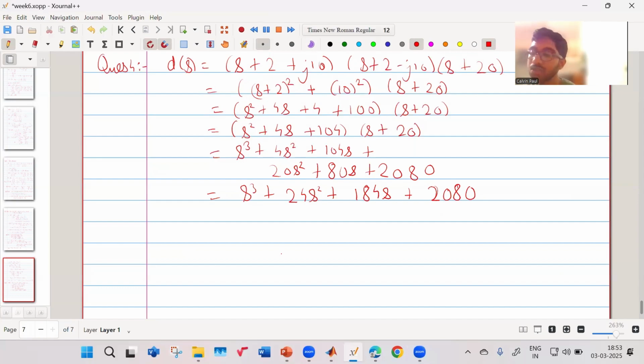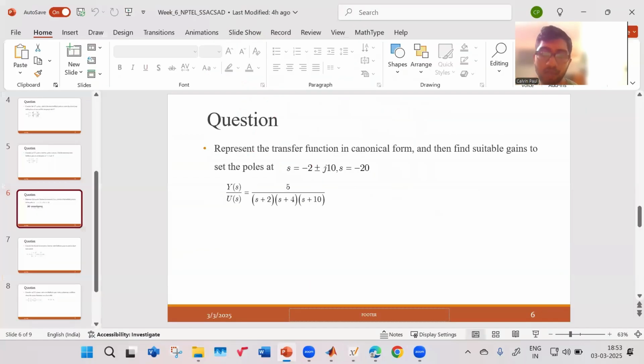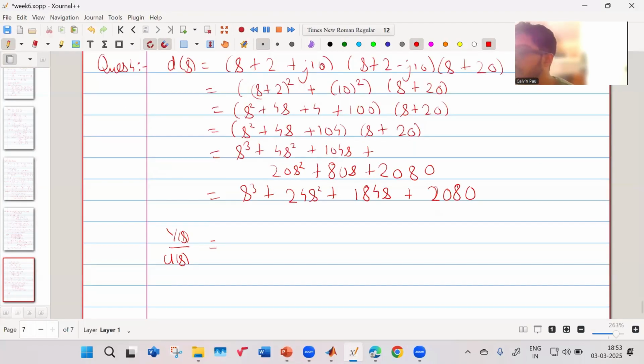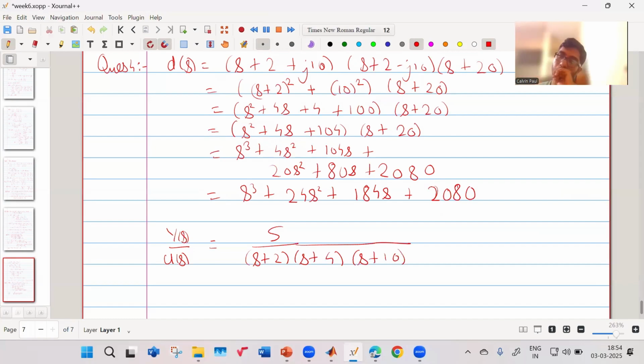Okay, so now let us go to the transfer function we were given. We have y of s upon u of s is equal to 5 upon s plus 2 into s plus 4 into s plus 10. Okay, so this is the system which we have.